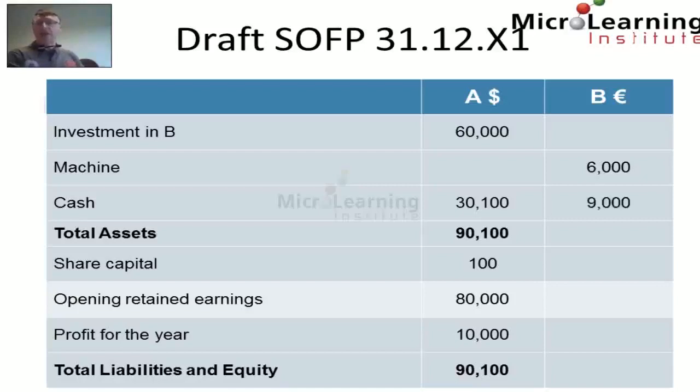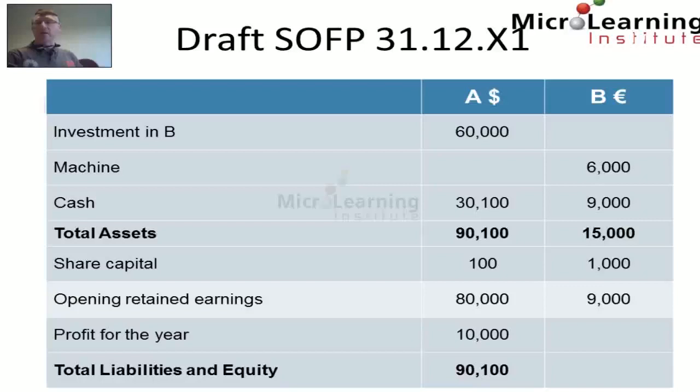We also have cash on the statement of financial position of B of €9,000, and again you may remember that the cash was only €1,000 at acquisition. So we have total assets in euros on the statement of financial position of B of €15,000. That's matched with ordinary share capital and opening retained earnings of 10.